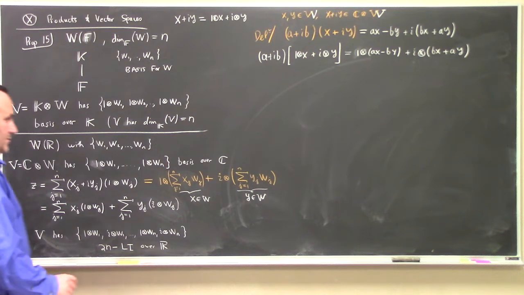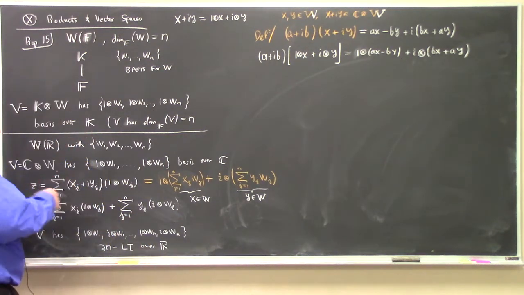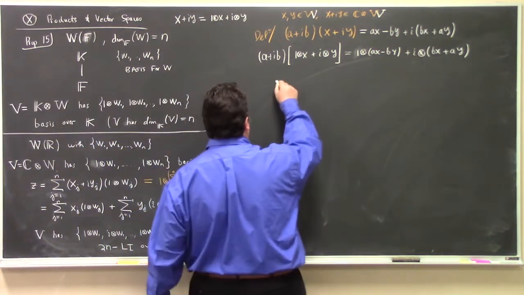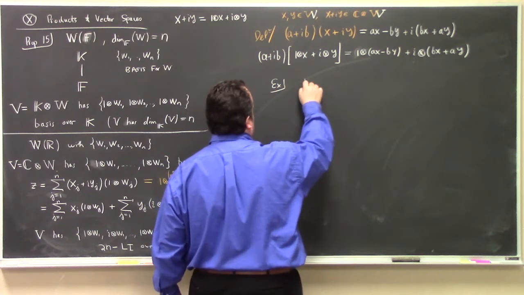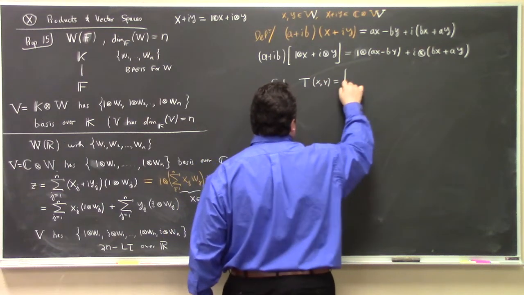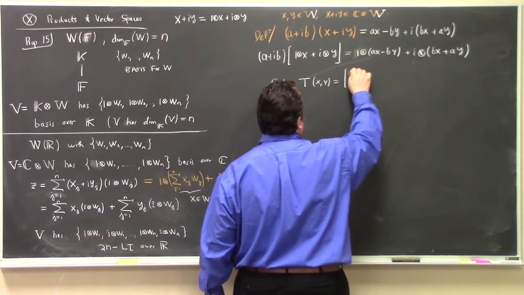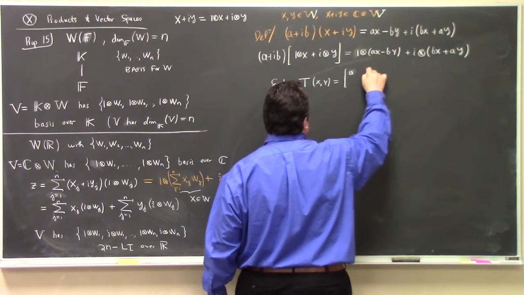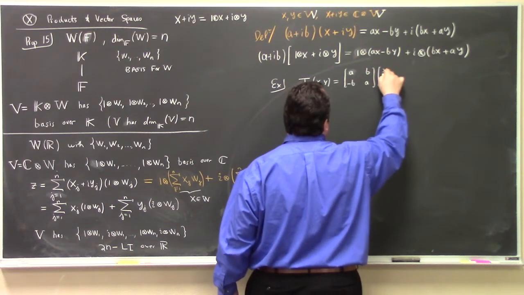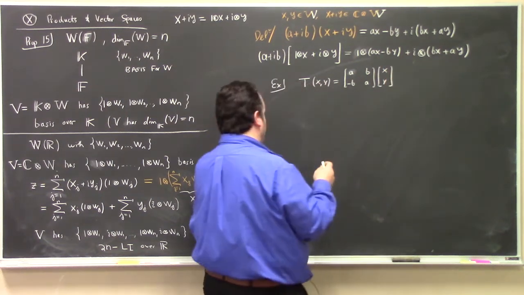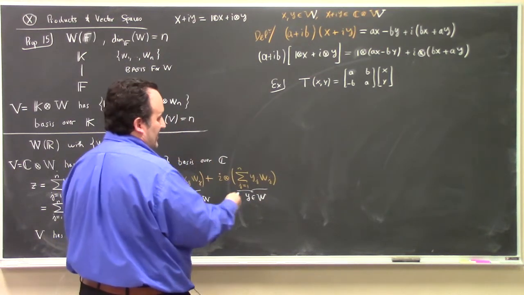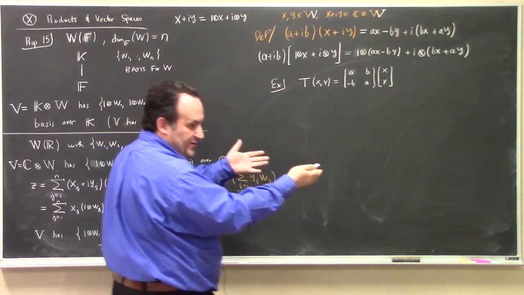Now, for the one we just had, if we have this T of x y, instead of writing cosine sine, let's write a, b, minus b, a. If that's the matrix of T, that's manifestly the matrix of T from R2 to R2, right?